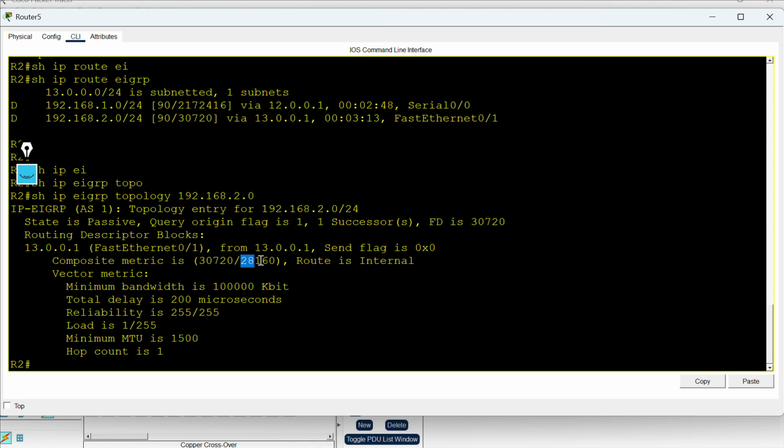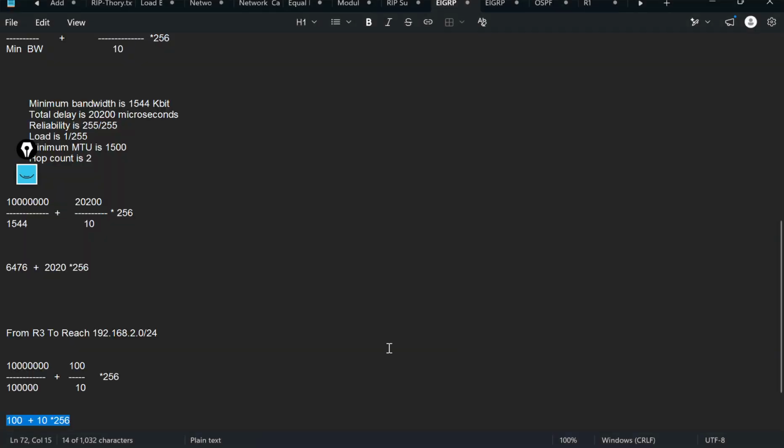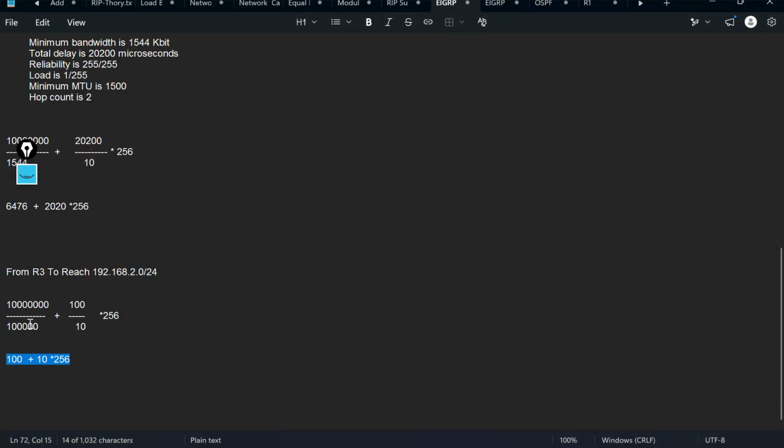So 28160 is the feasible distance of R3, and 30720 is the feasible distance of R2. Now see how this value came. The calculation is 10 to the power of 7 divided by 1 lakh, which is 100, plus the delay 200.